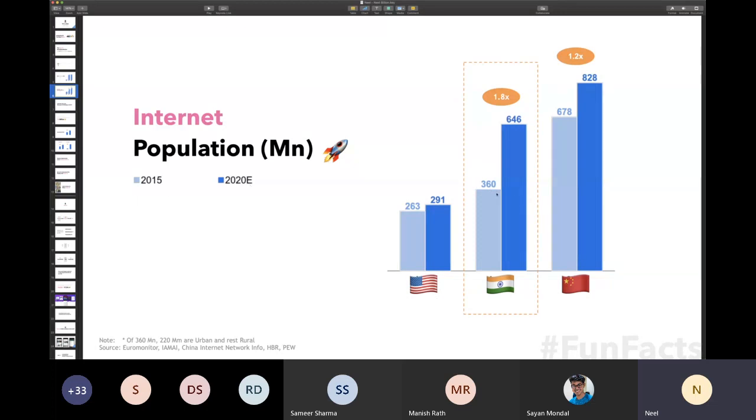So within a span of 5 years, the count has almost doubled. And this entire new internet age population is the one that has no history of internet whatsoever. What they have learned about the internet is based on the experiences that are present today and not those that were present historically.